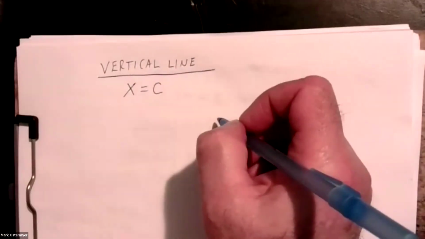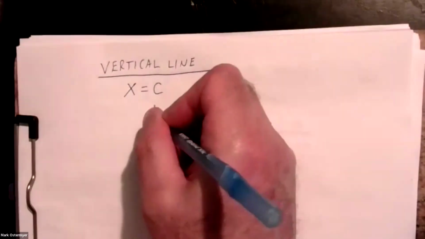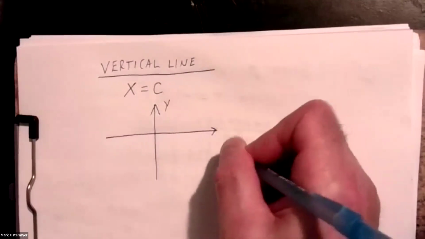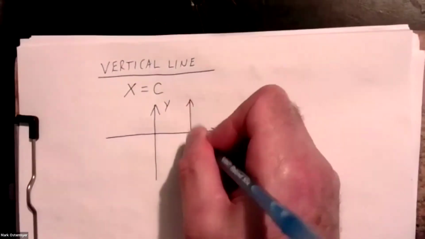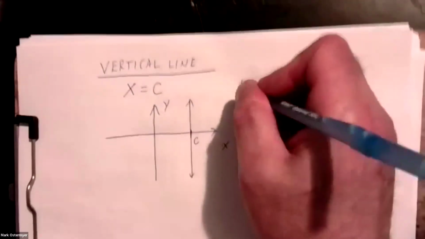You won't see the y variable in the equation of a vertical line, just x. And the graph of this equation is going to produce a vertical line that goes through the x-axis at c, whatever number c is. That'll be the graph of a vertical line whose equation always looks like this in general.